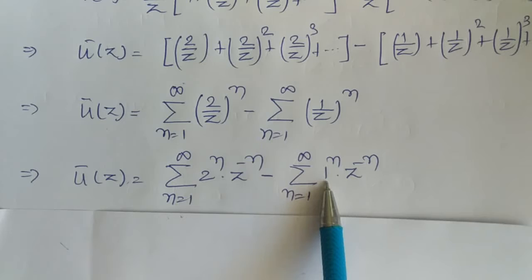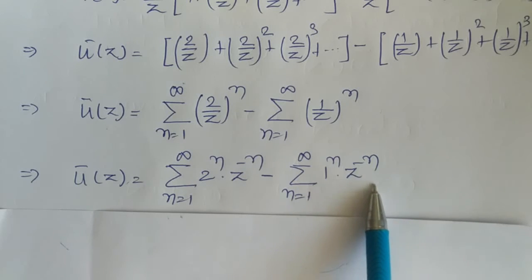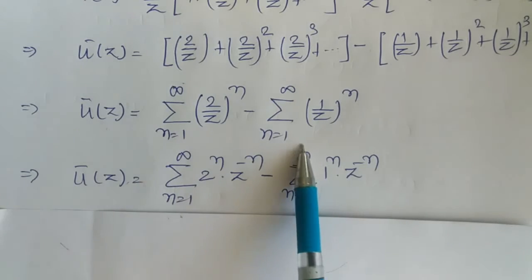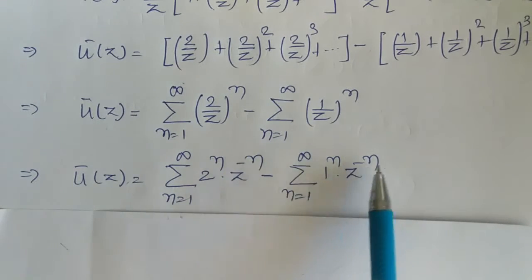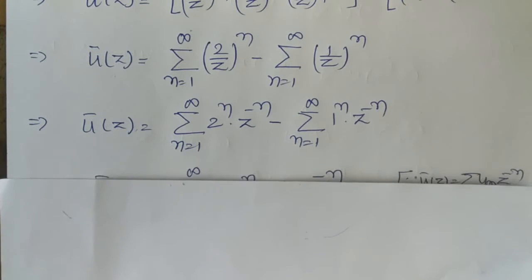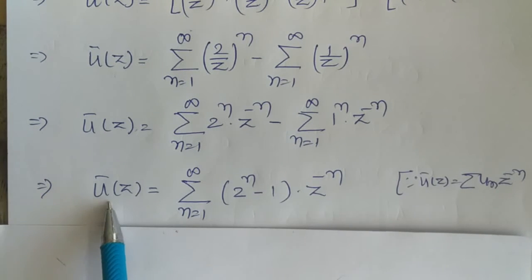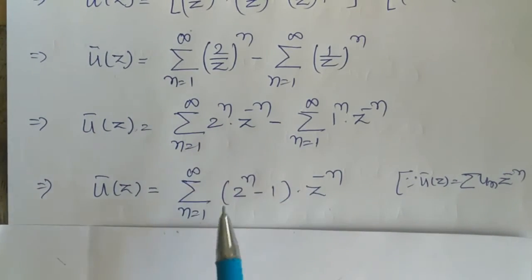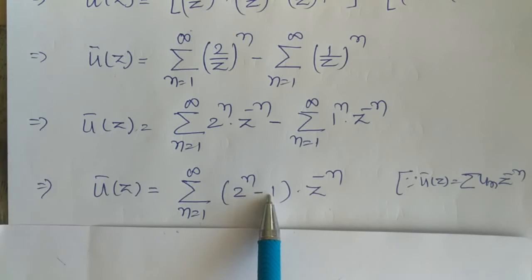So we write 1 power n into z power minus n. So both summations vary from 1 to infinite, and we take z power minus n common, then we can write in a single summation this expression as u bar z is equal to summation n goes from 1 to infinite z power minus n common, then we have 2 power n minus 1 power n, which is 1.